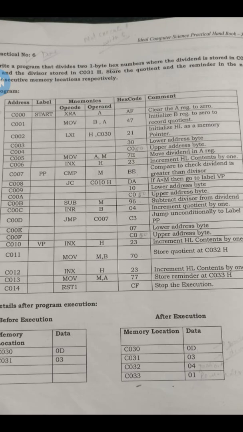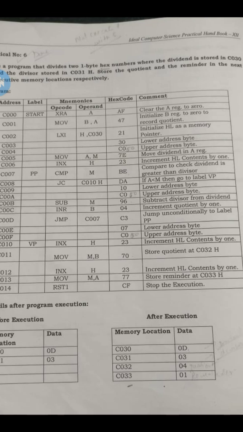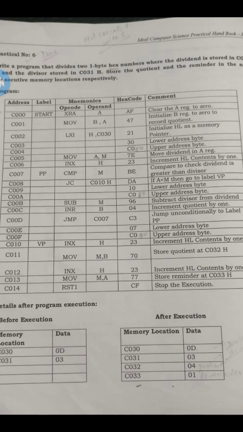Our dividend is in the accumulator and the divisor is in memory, so this instruction will compare both. Why do we need to compare both? Because we have to check whether the dividend is greater than the divisor or not, because you know that when we divide numbers, it is mandatory that the dividend must be greater than the divisor. That's why we have to check that.